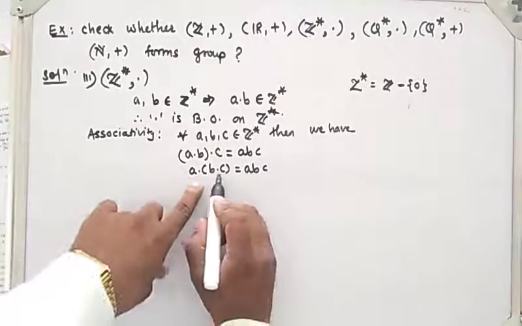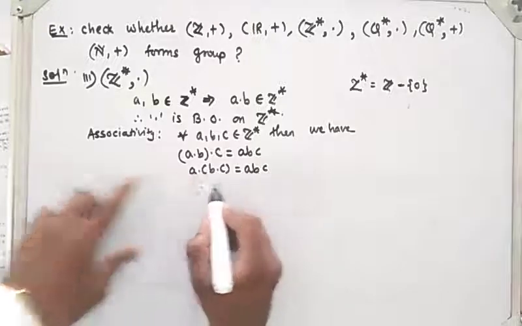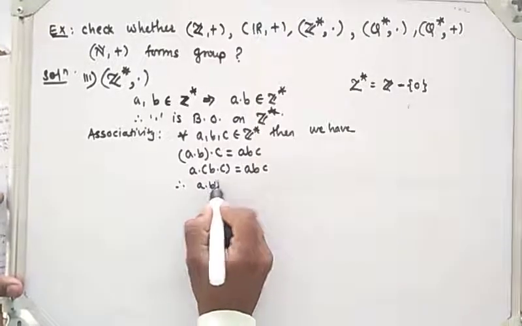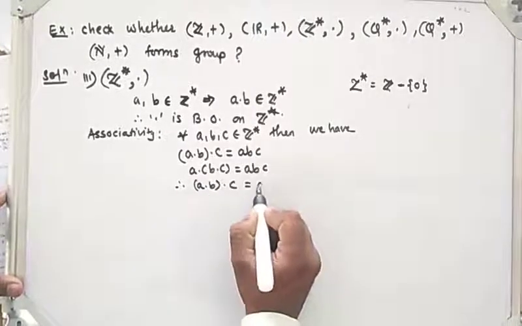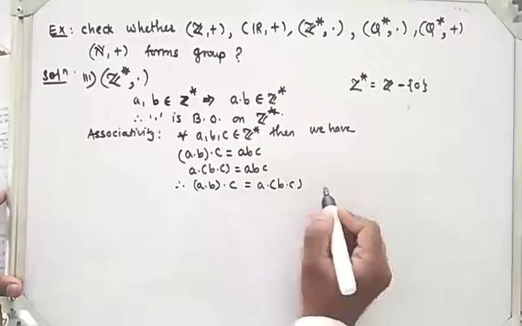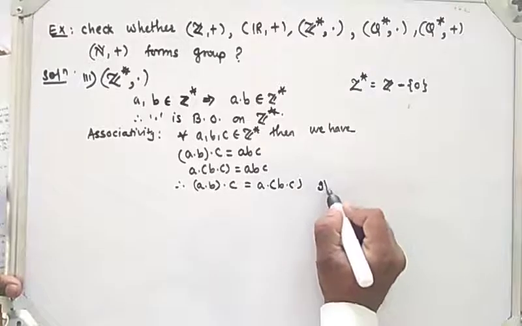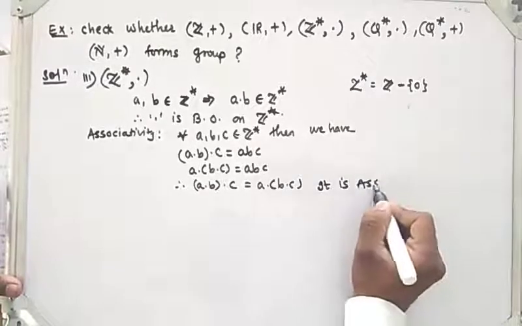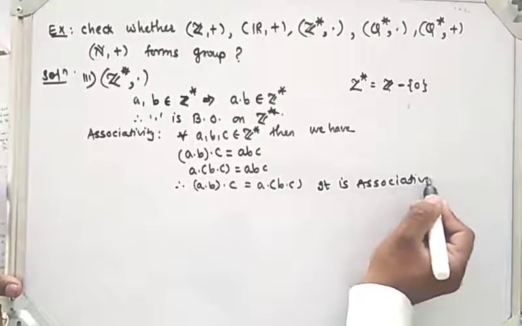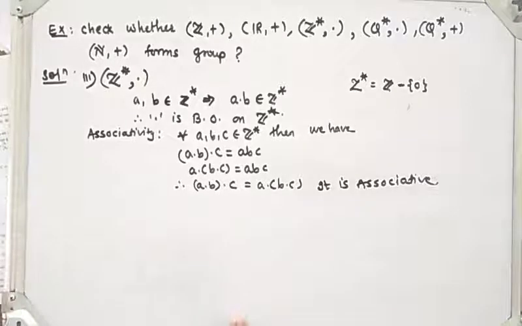Therefore multiplication is associative. So this property is satisfied.